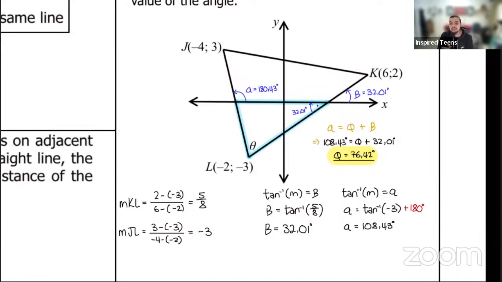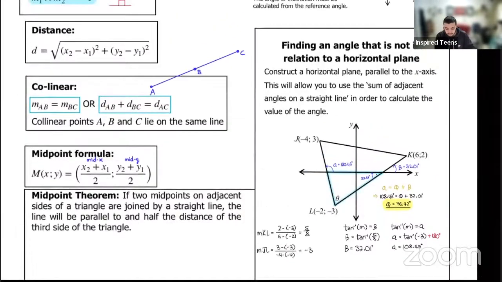There's no single formula that we can use, shift tan, shift sine, whatever, to get us theta. We're using our knowledge of analytical geometry, where we learned how to work with tangent and gradient, gradient and angle of inclination, how to interchange between the two. So we're using that information to solve for theta, using other properties of this specific triangle.